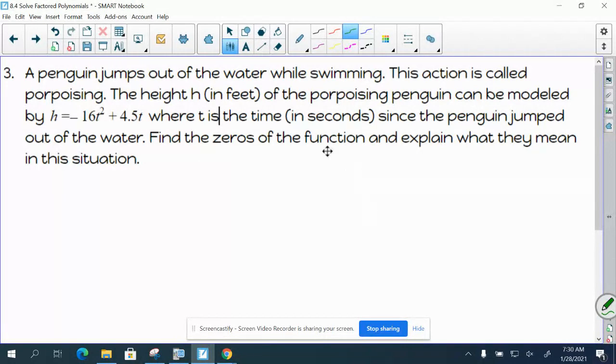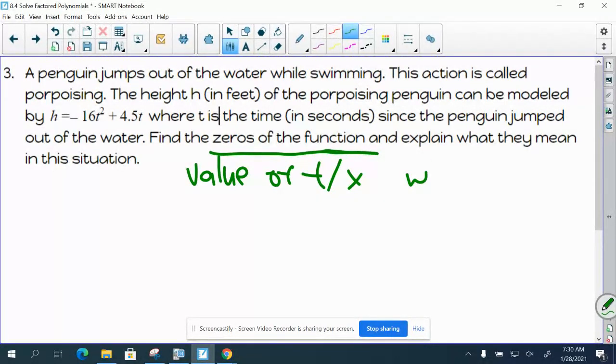All right, so to find the zeros of the function, that means the values of t, or x, when h or y equals 0. So we set our equation equal to 0, and then we factor to solve. So here I can just factor out a negative t.